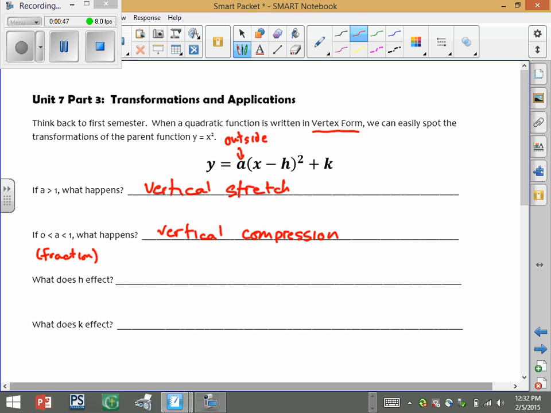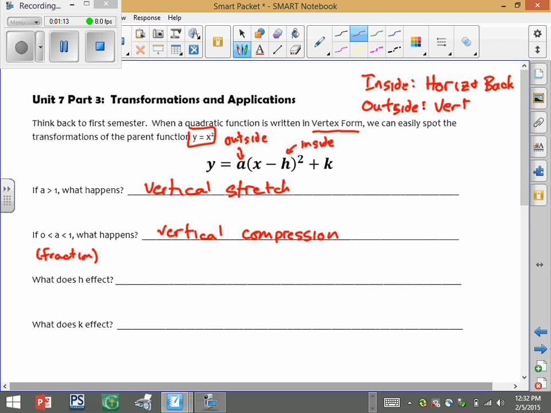And then H. H is quote unquote inside of that function. So the original function was x squared. We put the H inside, so it's horizontal and it's backwards. Remember, inside was horizontal and backwards. Outside is a vertical move, and everything is exactly what it sounds like it is.